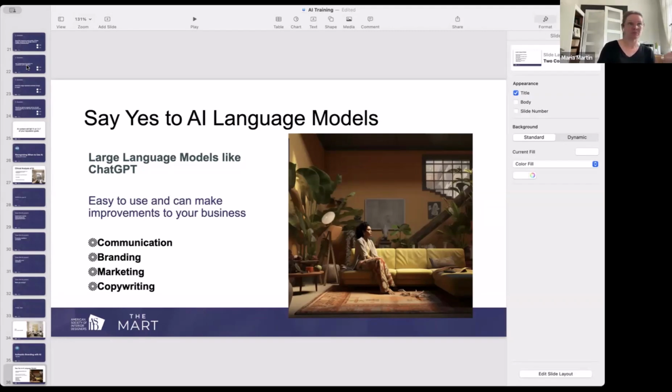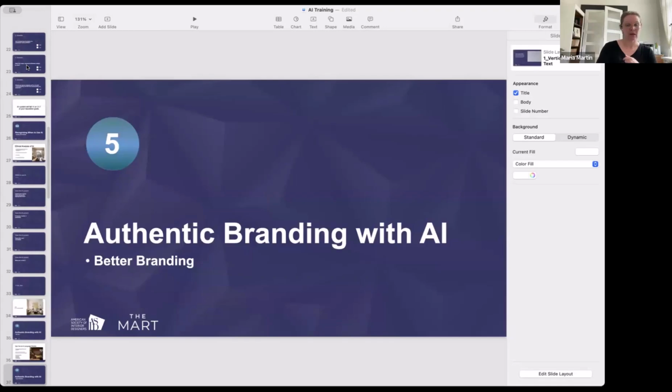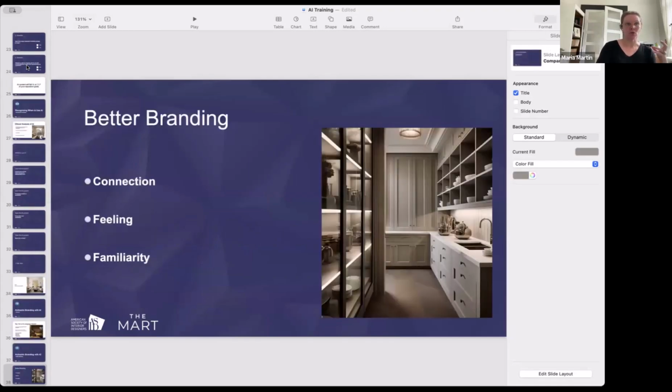So it is easy to implement, easy to learn. When you are using these tools in the right way, you are going to have better branding, a better client experience. And that looks like a better, higher quality communication and connection with the people that you're wanting to work with.